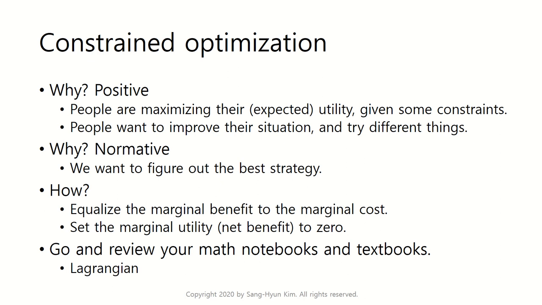So the question is, how do you find the right temperature? The best temperature, the optimal temperature. Let's say the water is too cold, then you turn the water to the hotter side. Then maybe the water becomes too hot, then you change it to the colder side.